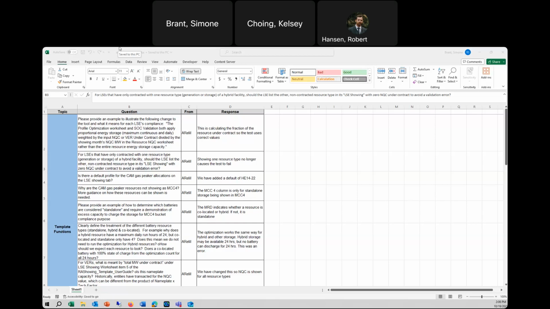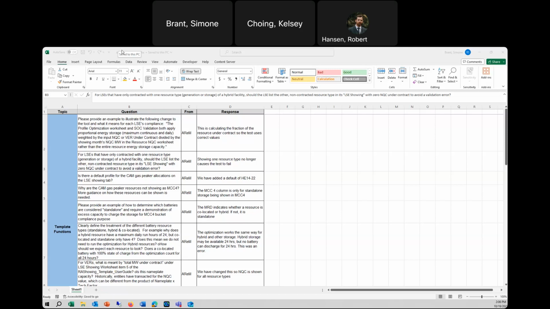Basically it's just scaling the energy capacity by the power capacity from the LSE showing tab, as stated there. As an example, if a 4-hour storage resource shows 100 megawatts, it would have 400 megawatt hours of energy storage capability.